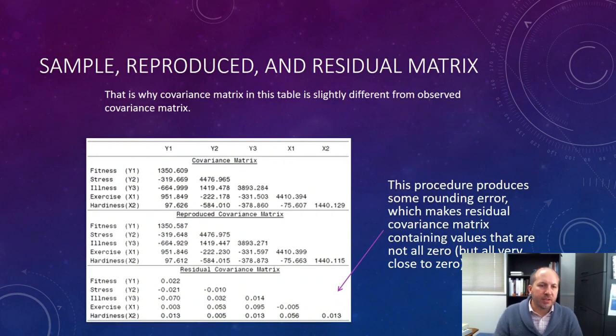So this is what that looks like here. If you look at this as an example of a covariance matrix, reproduced covariance matrix, and then the residual covariance matrix, the idea is to get that residual covariance matrix as close to zero as possible. So when M+ is running parameter estimates and trying to determine what the best parameter is for each of those parameters in your model, it is trying to get that residual covariance matrix as close to zero as possible.